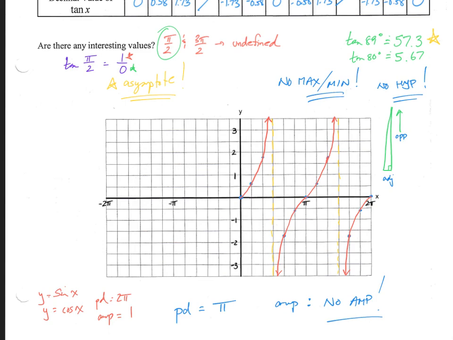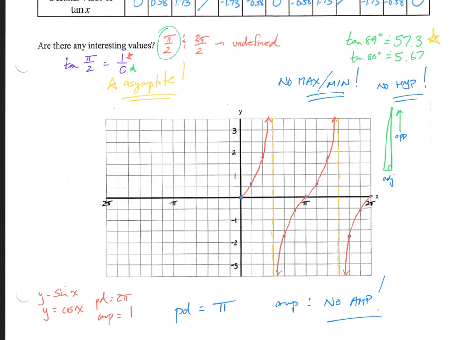So if we were to extend this back to negative 2 pi, here's what I would do. I know that my curve is going to do this wavy thing. Well, what do I know about that wavy thing? I know every pi units, anytime my rotation arm is vertical, I'm going to get an asymptote.